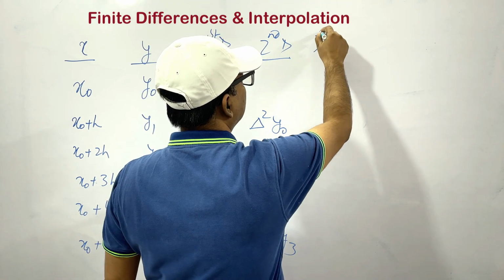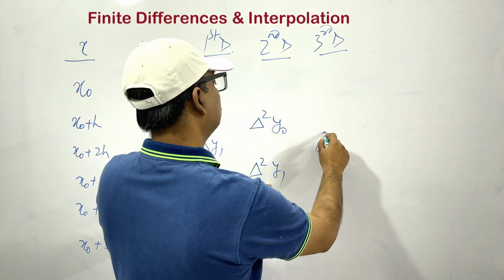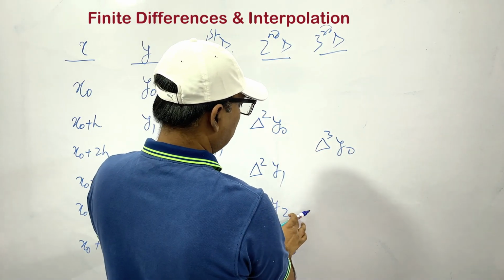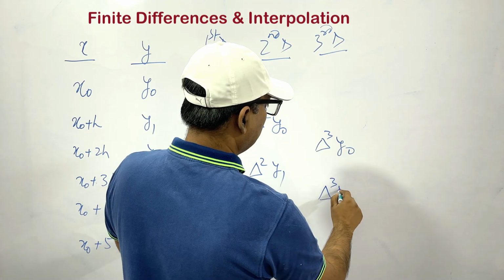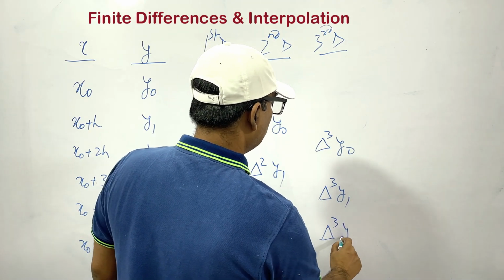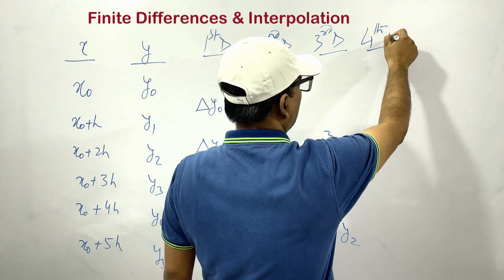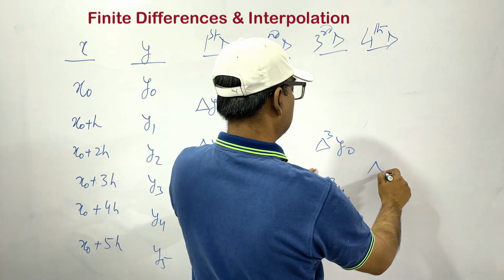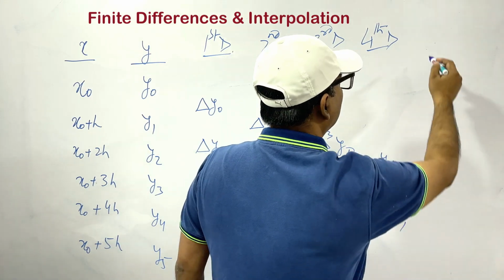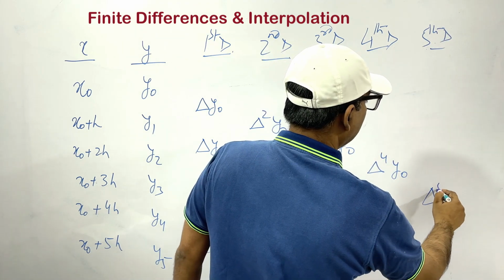Then third difference, del 3 y0, this minus this, then this minus this is del 3 y1, and this minus this is del 3 y2. Okay. Then fourth, this is del 4 y0, this is del 4 y1, and finally fifth, it is this one only, del 5 y0.